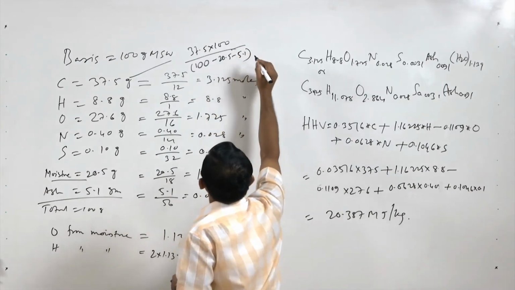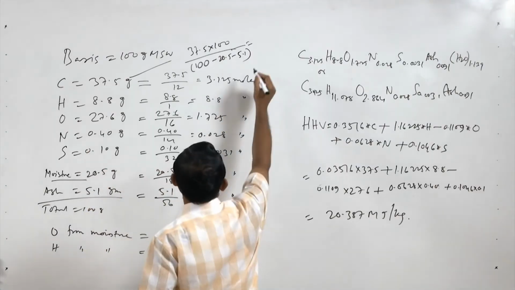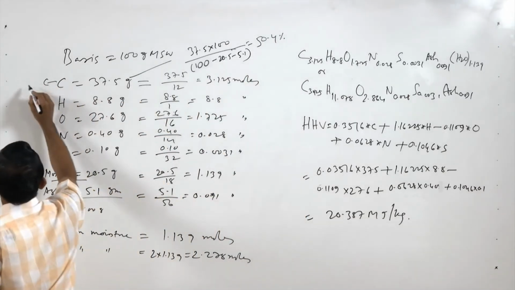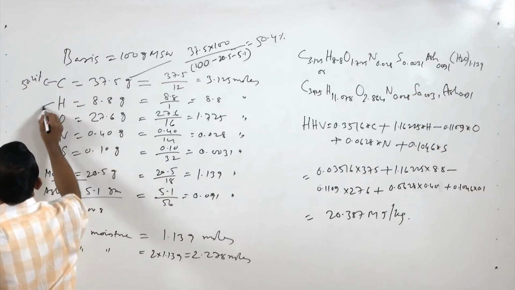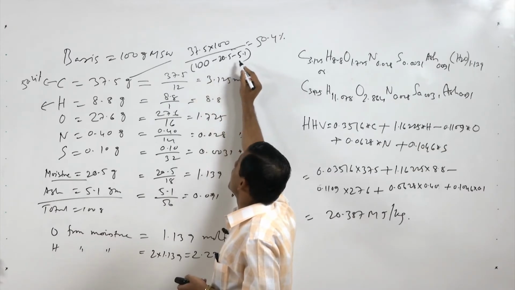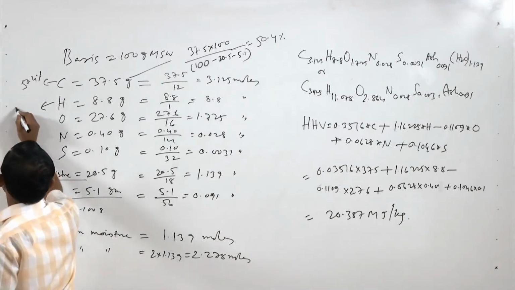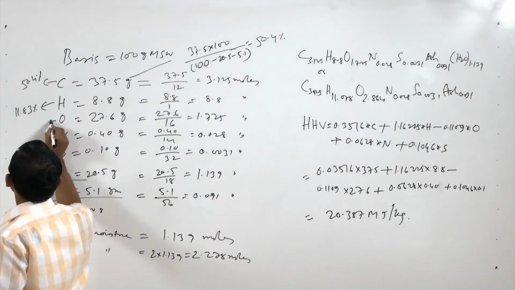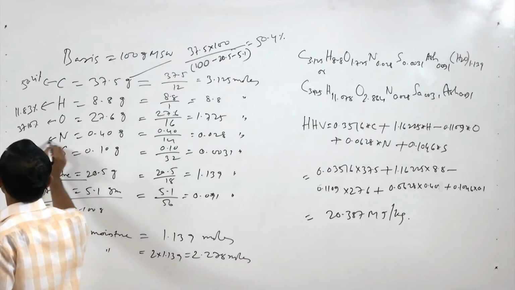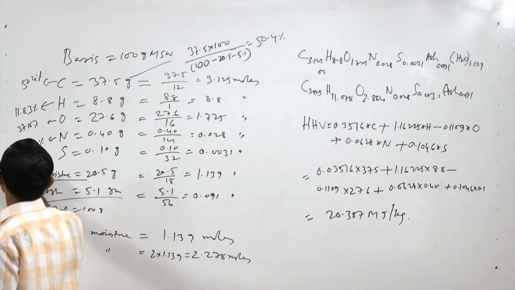It is coming to 50.4%, so 50.4% on a dry and ash-free basis. Similarly, the same formula is used for hydrogen: 8.8 into 100 divided by 100 minus 20.5 minus 5.1, which gives hydrogen equal to 11.83%, oxygen 37.10%, nitrogen 0.54% and sulfur 0.13%.